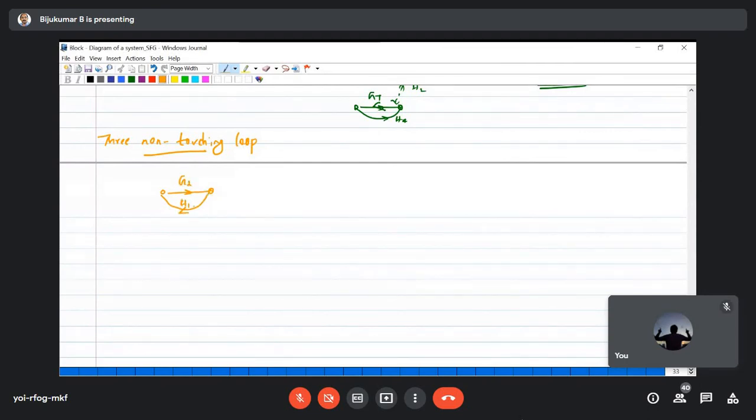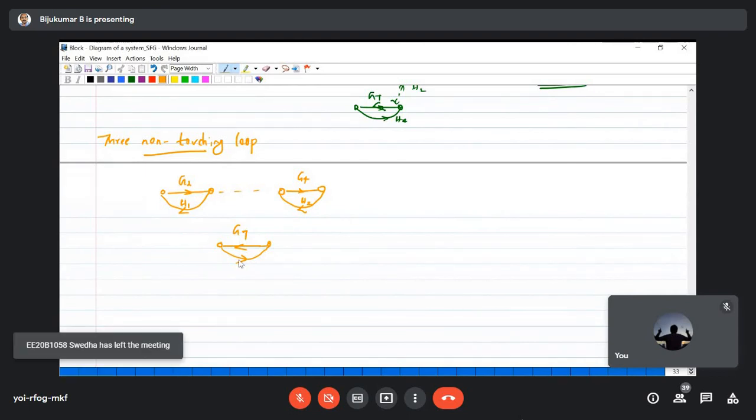G2 H1, G4 H2, and G7 H4. This can be written as P3, the gain product of all the loops.